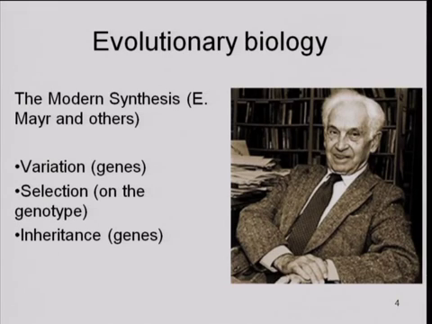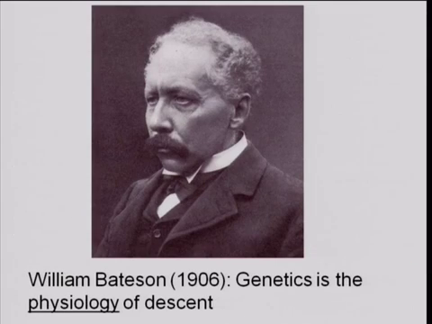Those of you interested in the history would probably do well to read a book by Fox Keller from the States, The Century of the Gene, where she talks about the 20th century and how this genocentric view dominated all our thinking. Although actually, if you go back to the beginning of the century, William Bateson, shown here, who was the person who actually coined the term genetics, he didn't coin the term gene, but he established, if you like, the science of genetics, said, and I quote it here, genetics is the physiology of descent.